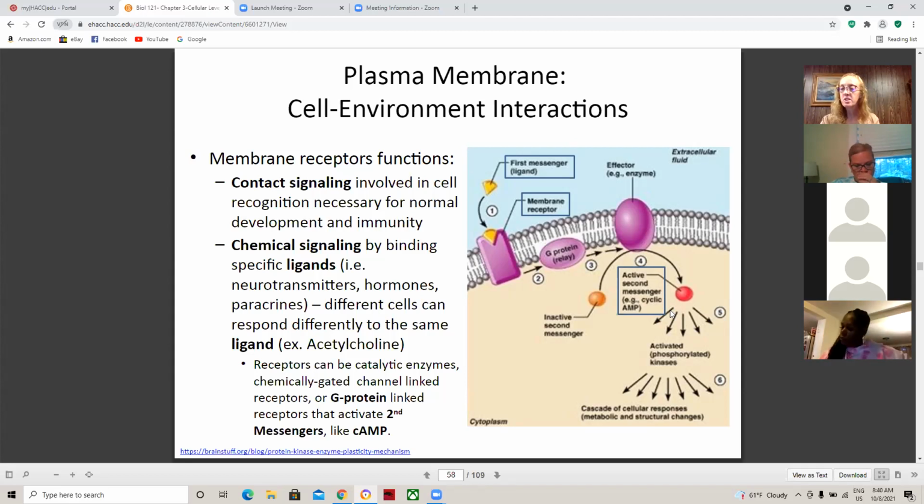This is one of the second messengers involved in a signaling cascade that can then activate multiple different possible cellular responses: genetic changes, metabolic changes, structural changes, and so forth. Any questions about cell adhesion molecules so far?